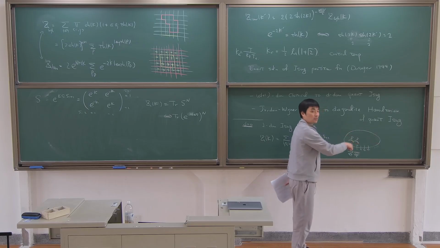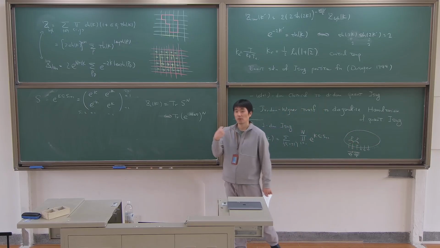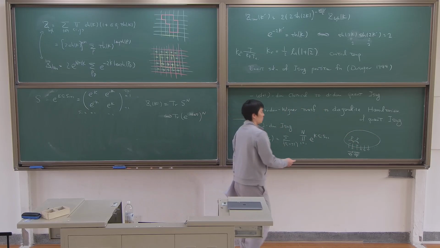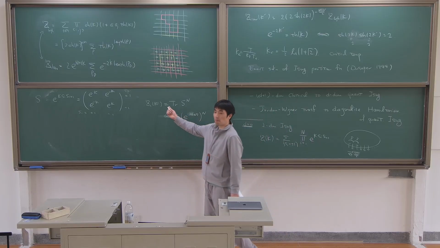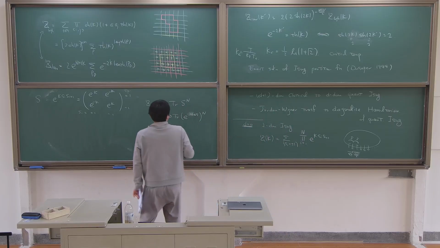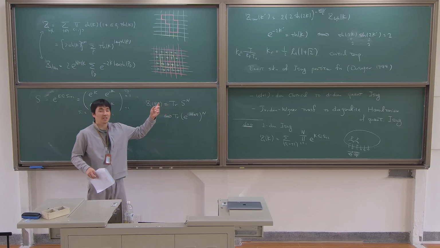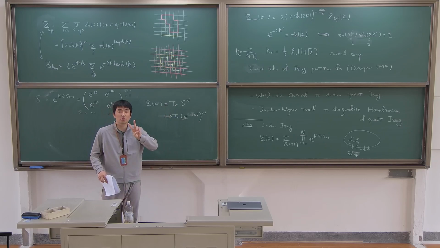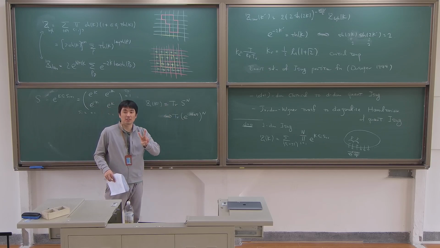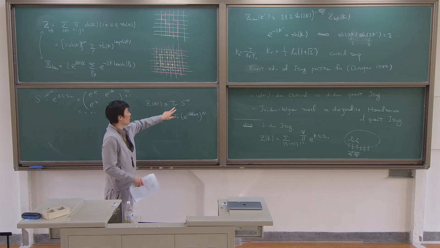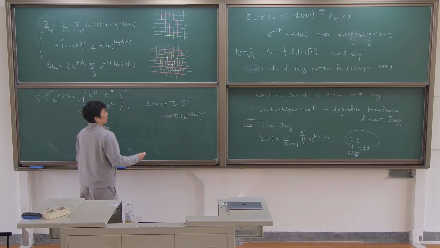And then after N steps, you come back to the original point. So therefore, you have to take a trace. Taking a trace means it's just a 2 by 2 matrix. So therefore, it's a 2-qubit quantum system. It can be understood as 2-qubit.